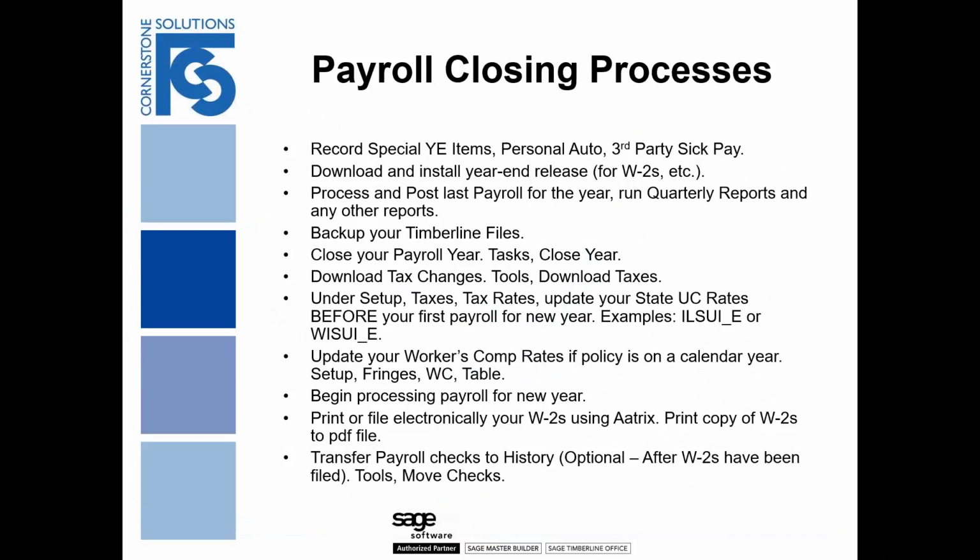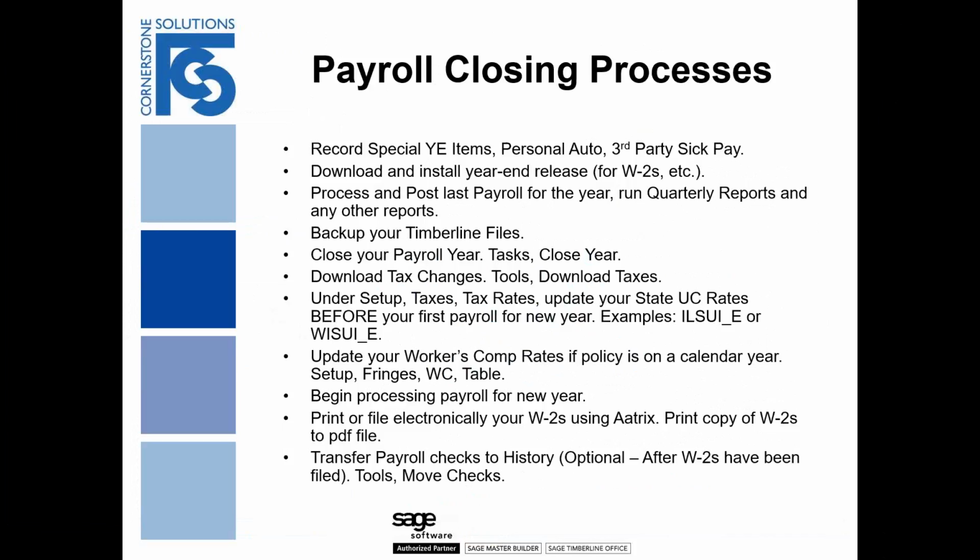The next item on the list is download and install year-end release. Again, the year-end release is for version 15, it's update 7. For version 16, it is revision 5. Okay? So the timing of that, you just need to make sure that is done before you print your W-2 forms and other quarterly forms.